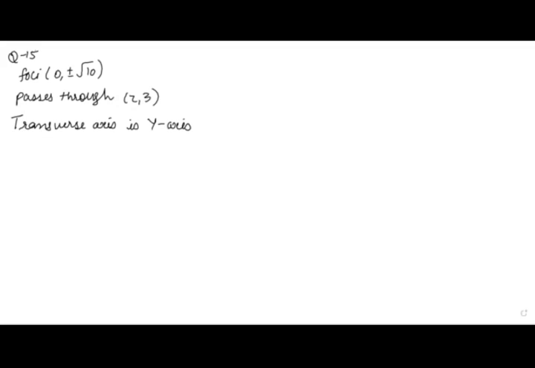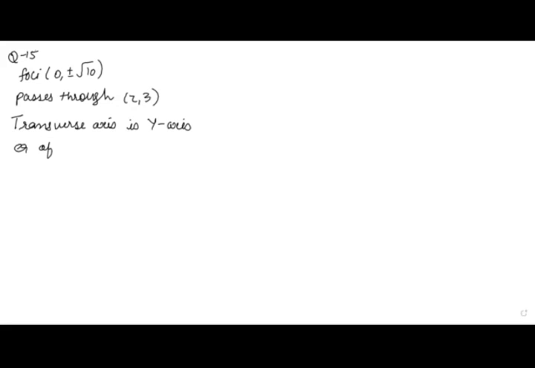Question 15. Here the foci given are on 0 comma plus minus root 10 and the hyperbola passes through 2 comma 3. As you can see that my foci are on the y-axis, my transverse axis is the y-axis.